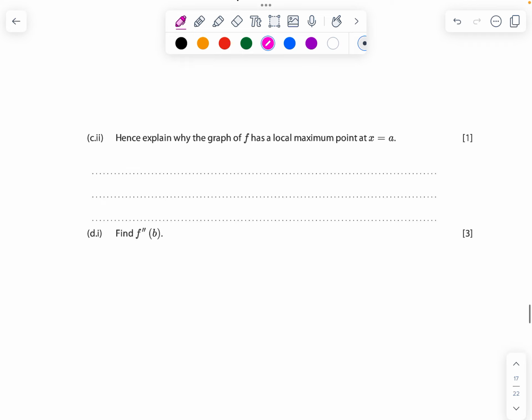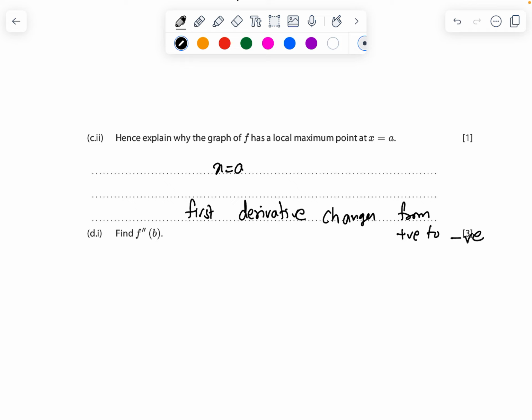Explain why the graph has a local maximum at x equals a. 1 mark question. At x equals a, we can write that the first derivative changes sign. The first derivative changes from positive to negative.